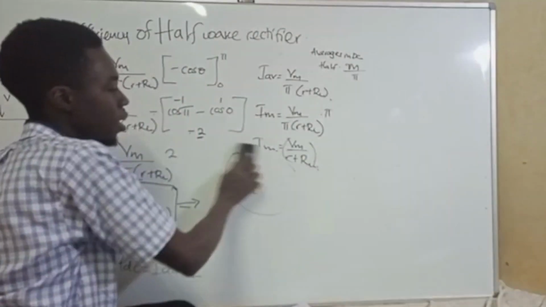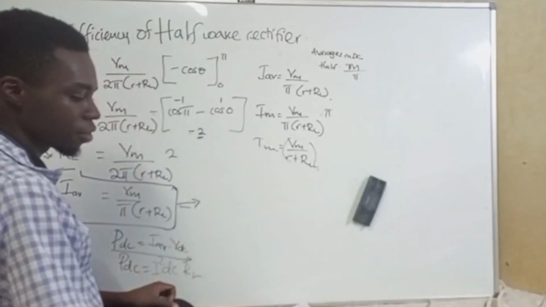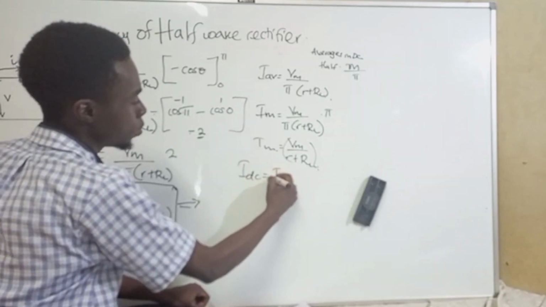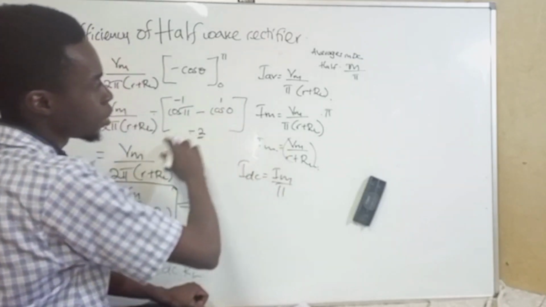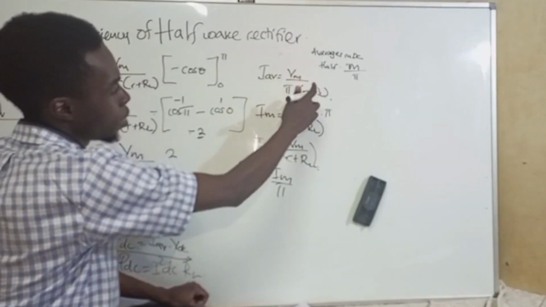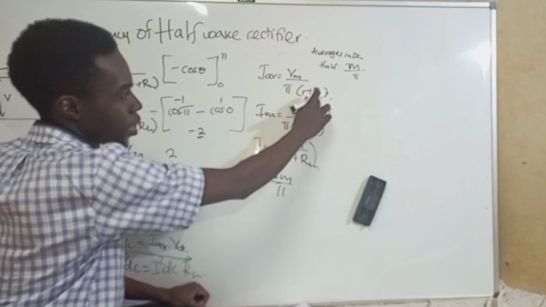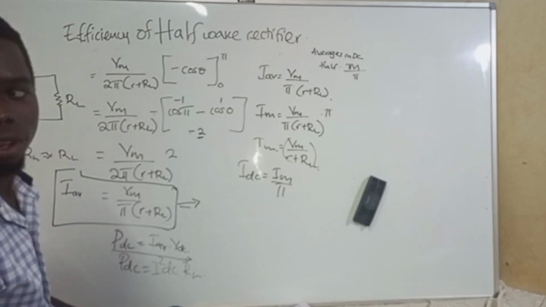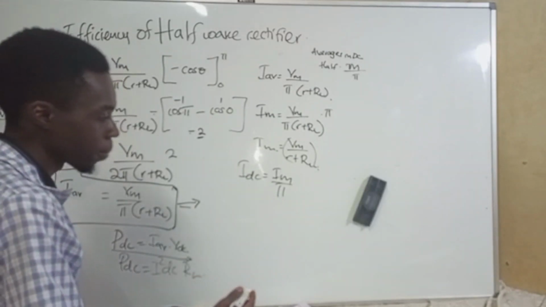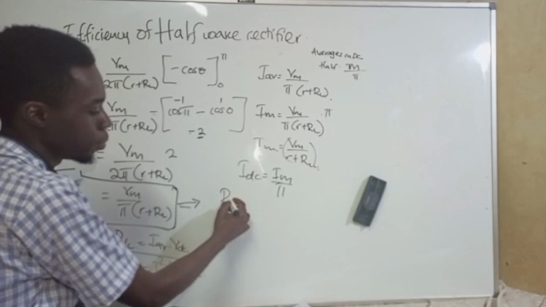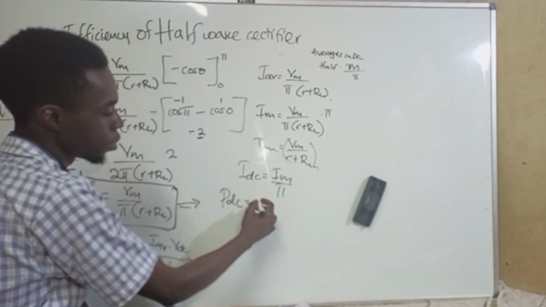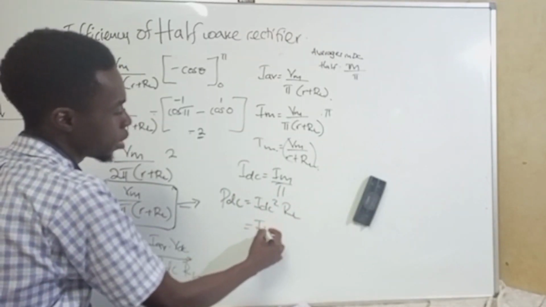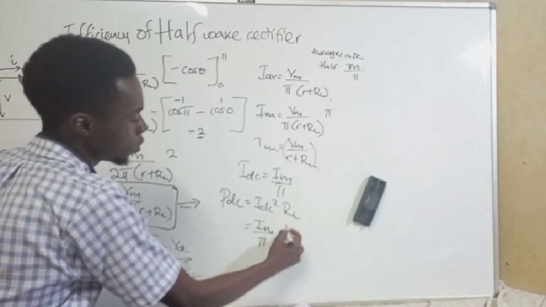So from that, I was telling you that the DC value of the current, our I DC, is going to be simply our I max over pi, or it can also be given by Vm over R plus RL. That is going to give us the DC value of the current. Then, for you to find the power, the P DC dissipated is going to be equal to I DC squared times RL, which will give me I max over pi, squared, times RL.